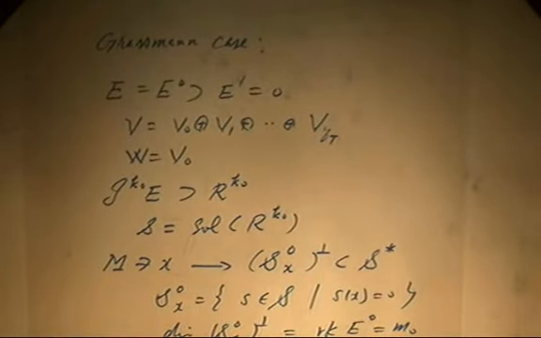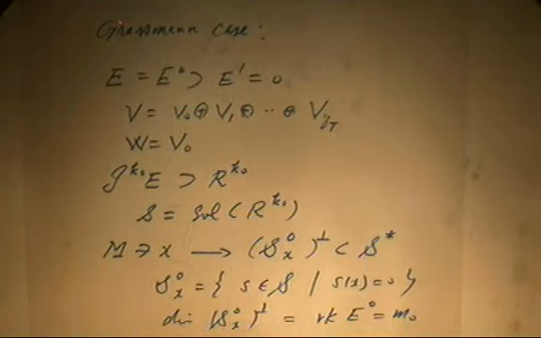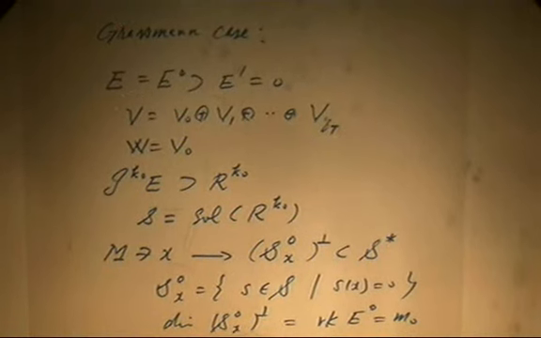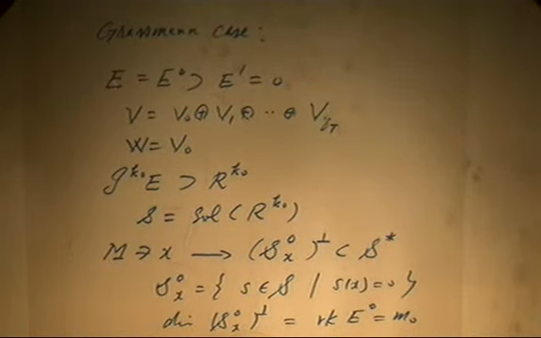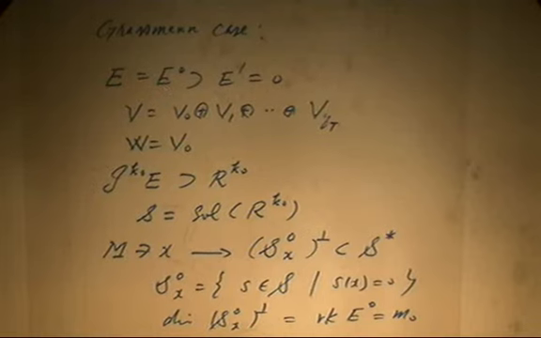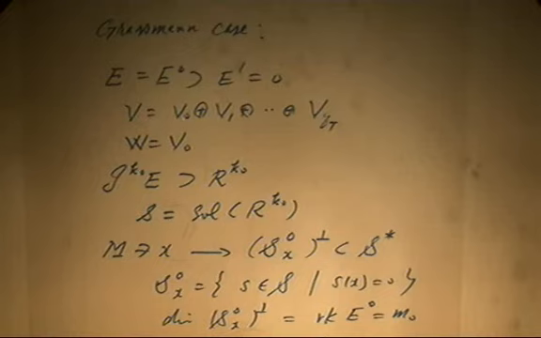So for simplicity our filtered vector bundle has trivial filtration, and then our V is V0, V1, VQ, etc. And V0, we take W equal V0.